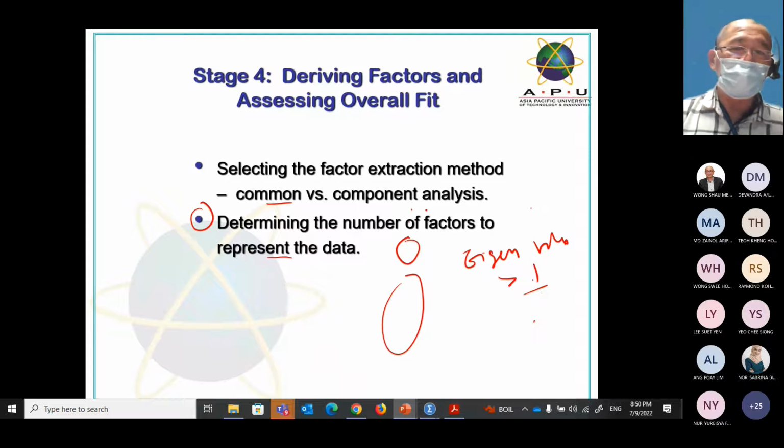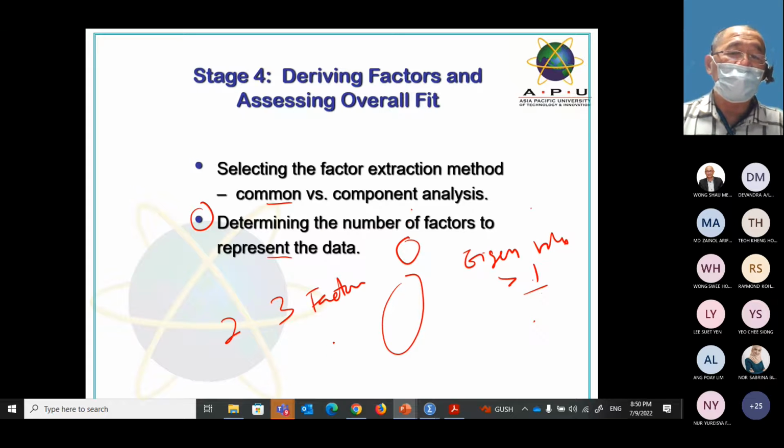Let's say the software gives you three factors. Then what you do, you run again. You fix 2 factors and then 4 factors, and you compare like this. Whatever factor the software gives you, let's say 4, you make it 3 and 5. Then you got 3 tables and you can do some comparison.